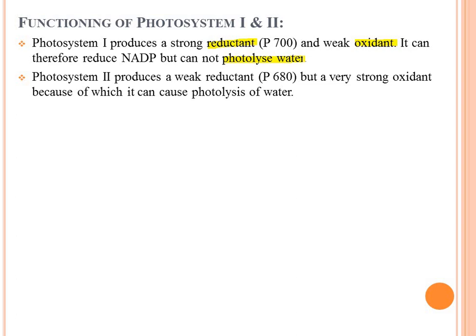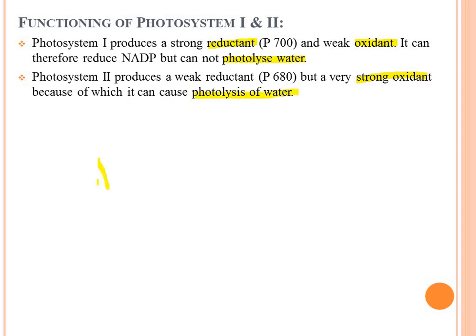Actually, photolysis of water takes place at photosystem 2. Why? Because photosystem 1 is a weak oxidant and strong reductant, while photosystem 2 produces a weak reductant and a very strong oxidant, because of which it can cause the photolysis of water.